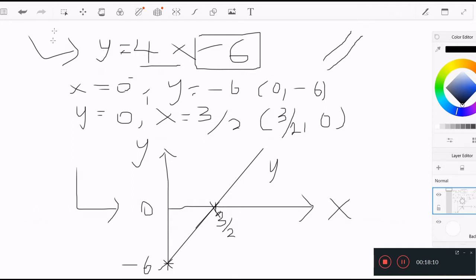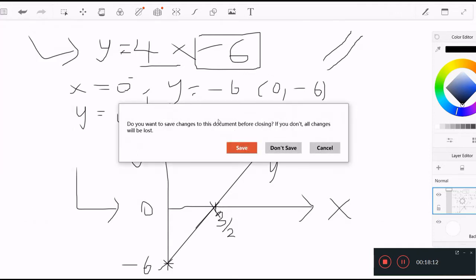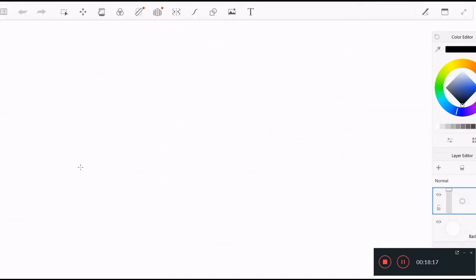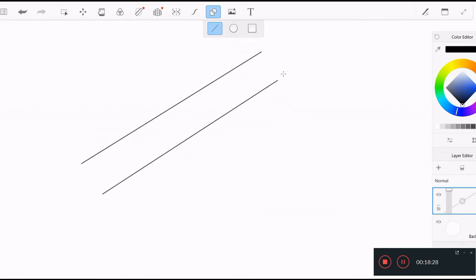All right. So next I will teach you guys about parallel and also perpendicular lines. When lines are parallel, it means they share the same slope. It should look like this. So in these two lines, it is the same slope, which means if this is y equal to 2x, then this must be y equal to 2x plus c.